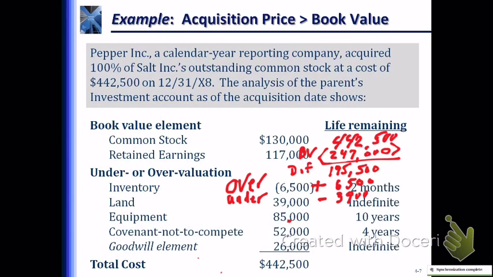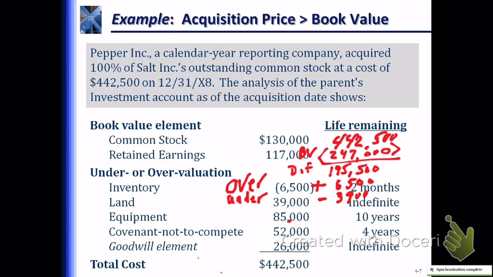So if the inventory was overvalued, I have to decrease the value of the inventory on the books. So I'm adding it back to the differential, because the differential actually is larger because the book value of the inventory was higher than it's worth, whereas the land was undervalued.